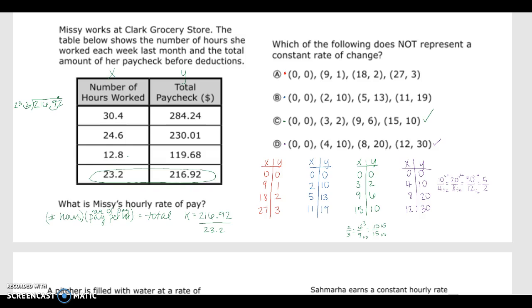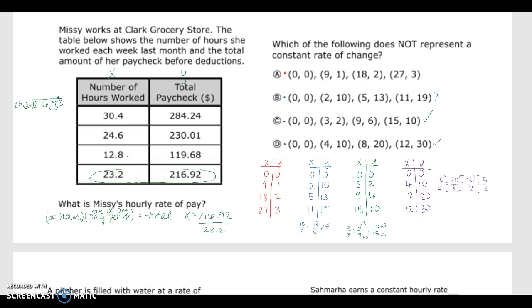Here I have 10 over 2, which is the same as 5, right? Is that equal to 13 over 5? Is 13 divided by 5 equal to 5? No, it's not equal to 5. So that one does not seem to represent a rate of change.